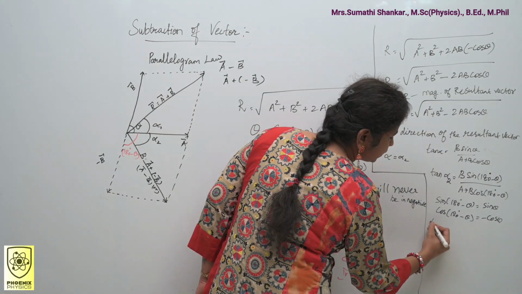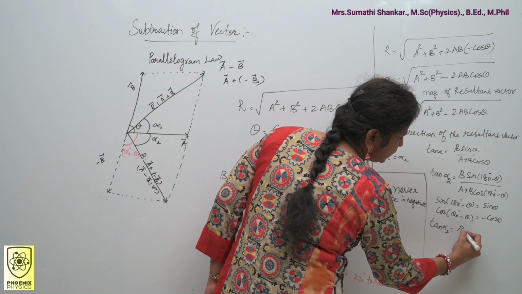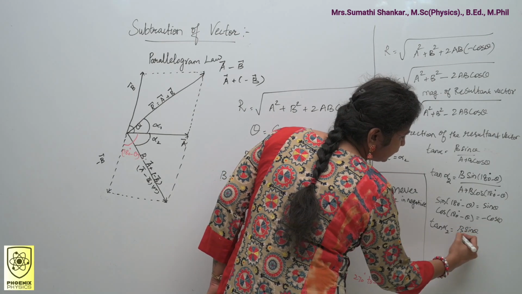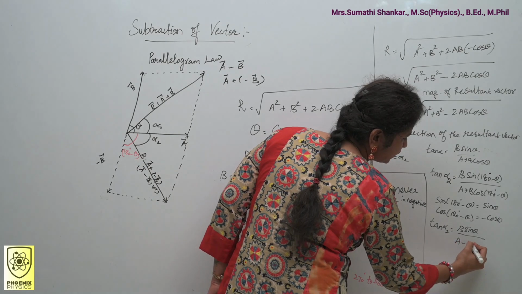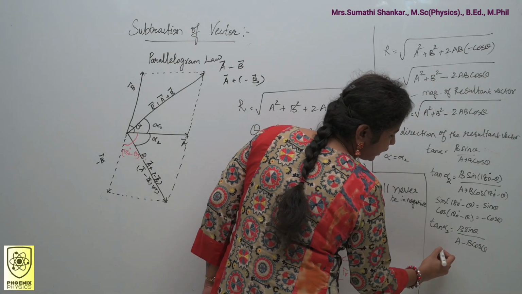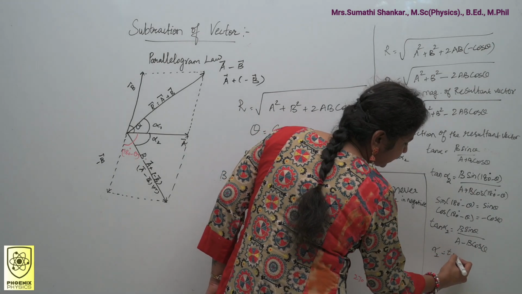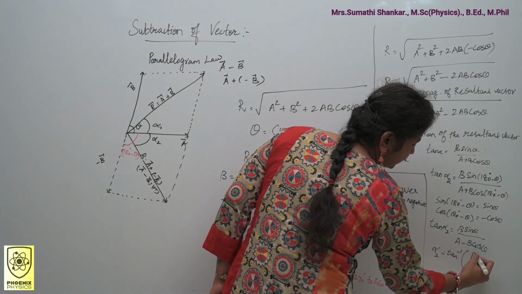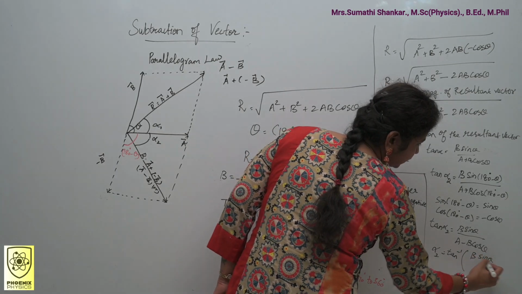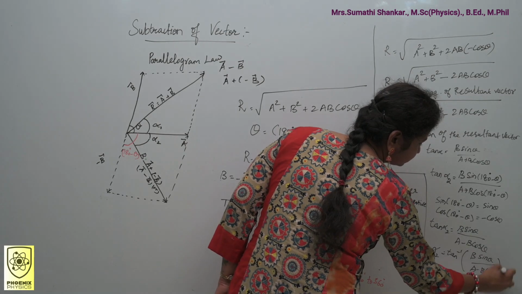Substitute in this equation: tan alpha 2 is equal to B sin theta divided by A minus B cos theta. If we want alpha 2, bring this to the other side: tan inverse of B sin theta divided by A minus B cos theta.